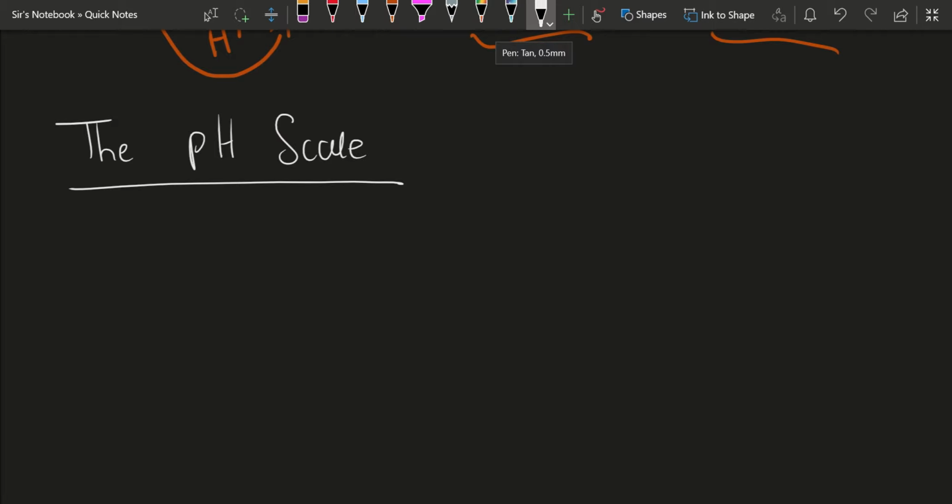When you talk about the pH scale, remember, we have acids as well as bases. So the pH scale is a scale that basically tells you how acidic or basic, or maybe some might say alkalinic, a certain substance is.